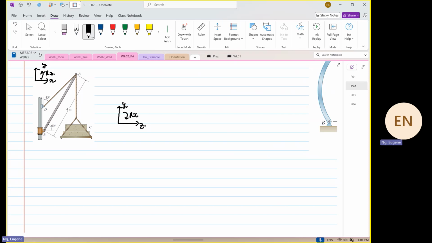Okay, I'm now going to draw point B. So point B looks like this. As you mentioned, it's going through a pin.